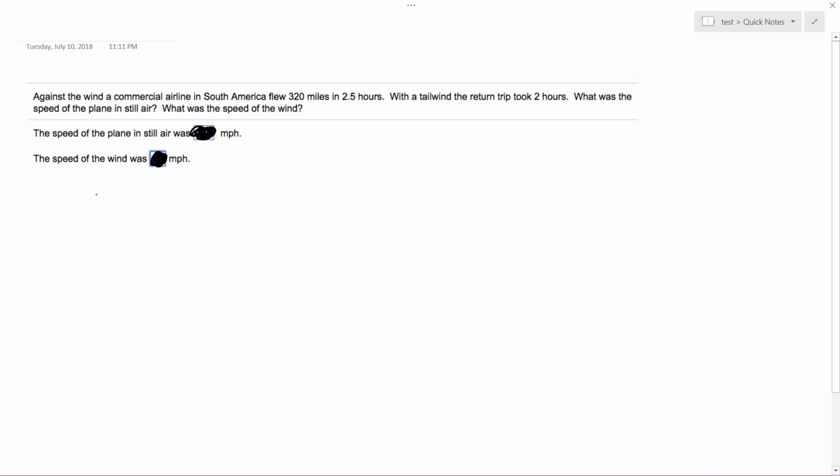What's going to happen here is we have our distance, which is d, over our plane's miles per hour, which is x, and then we'll do the wind, which is w. On the way there, it's going to be x minus w because it's going to be slower, and on the way back, it's going to be d over x plus w.